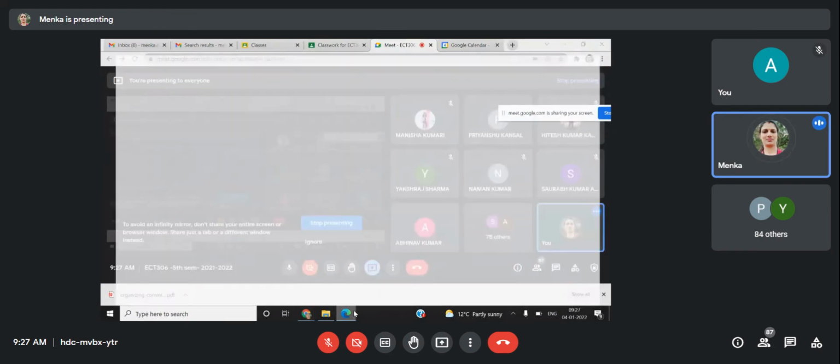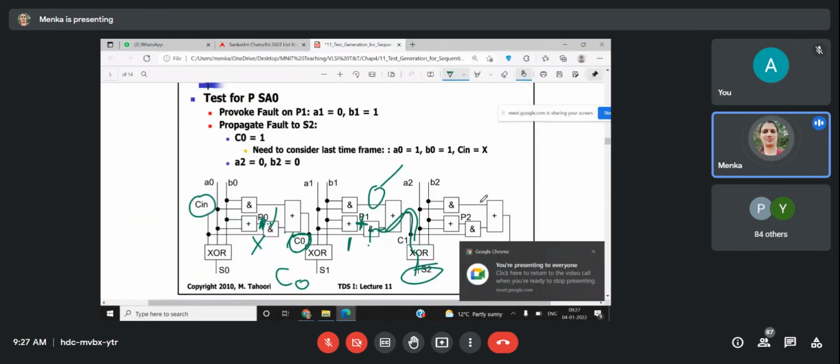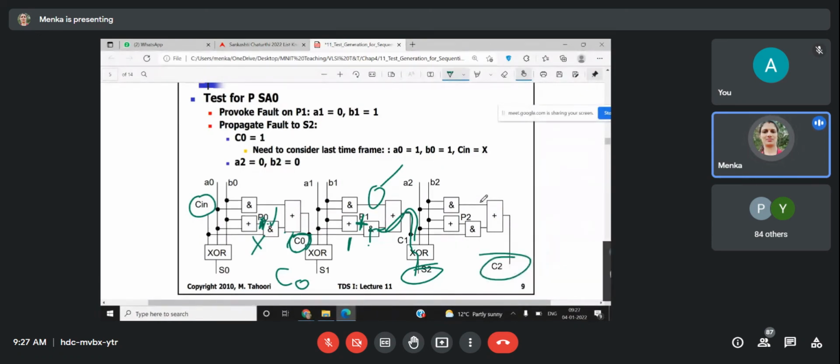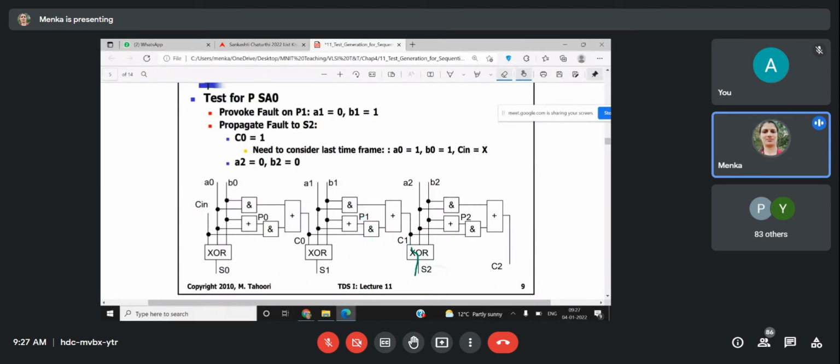Okay. So our target was C0 is equal to 1. When can I have C0 equal to 1 if Cin is not known to you? C0 will be 1 when Cin is not known, whether it is 0 or 1. We know the carry can be generated when Ai and Bi are 1 1, right?